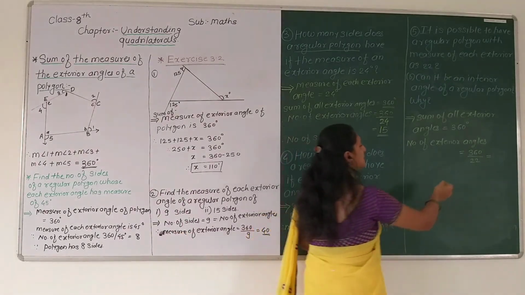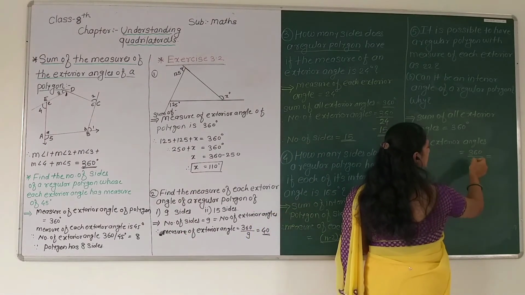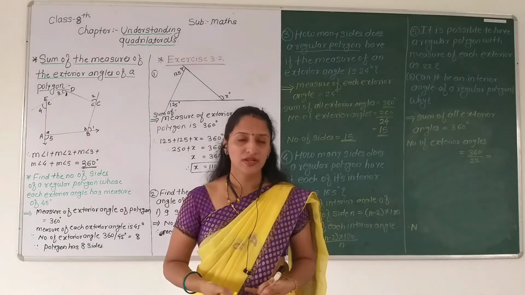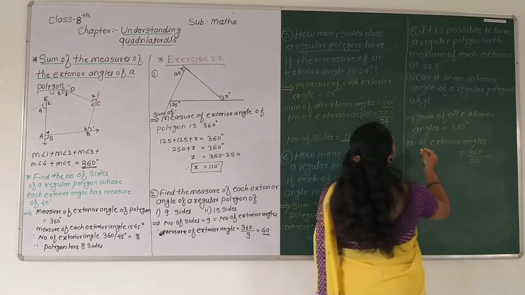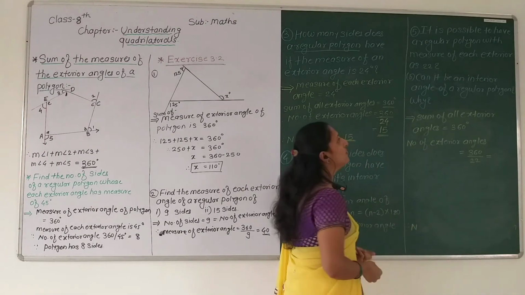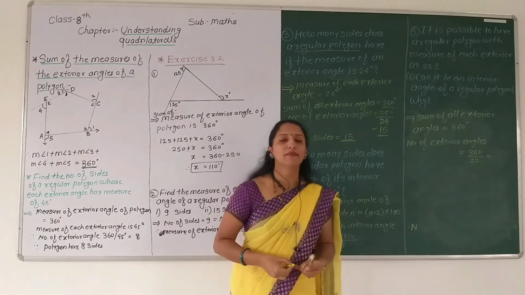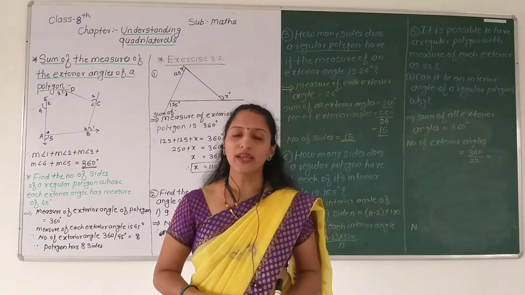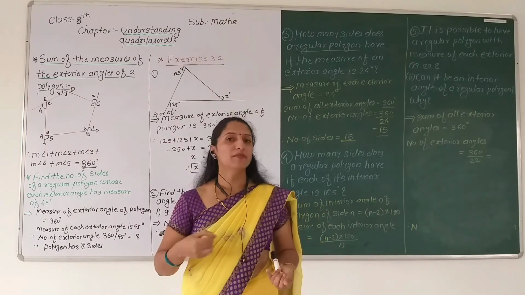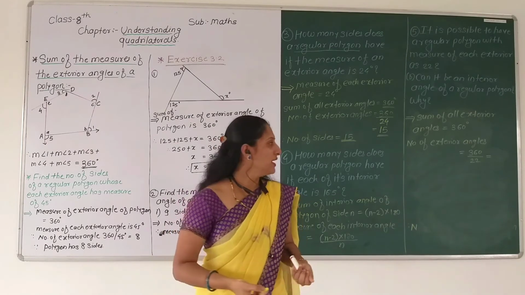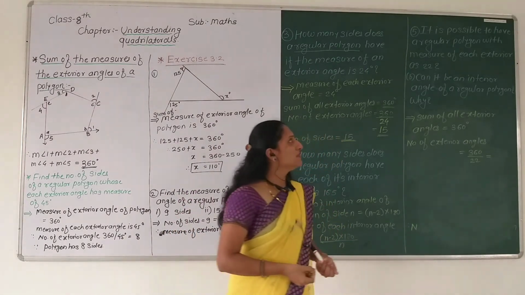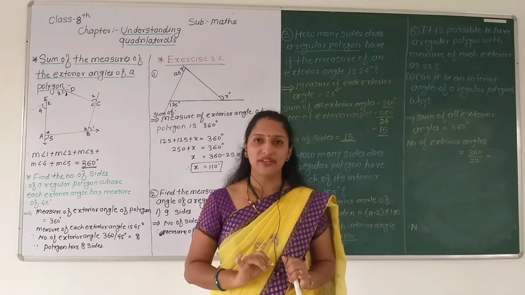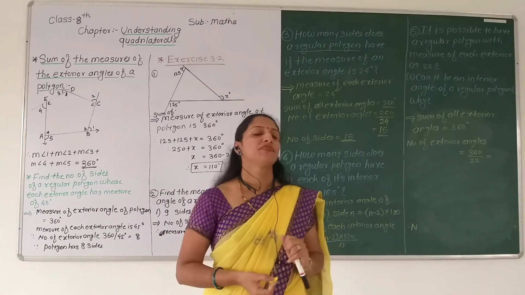So therefore it is not possible to have a regular polygon with the measure of each exterior angle 22 degrees. Since 360 is not a multiple of 22, it is not possible to form a regular polygon having exterior angle 22 degrees.